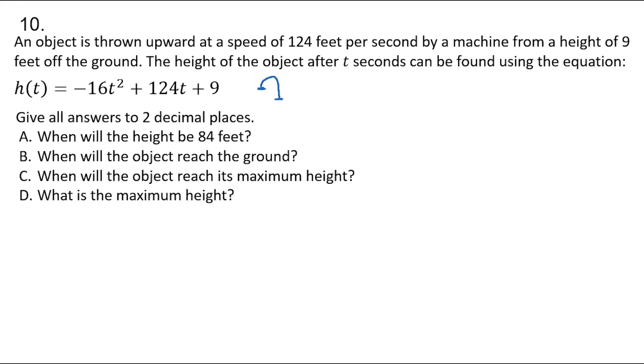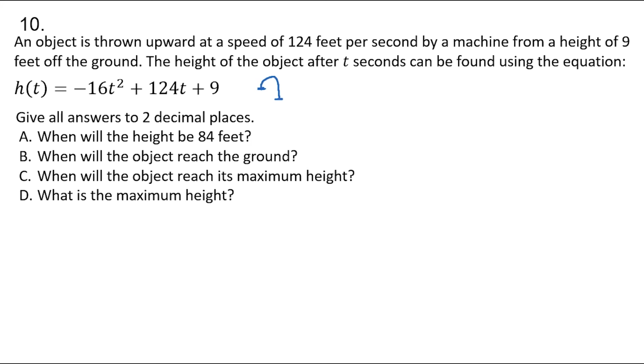In other words, this object is being thrown upward at a speed of 124 feet per second, but it starts at a height of 9 feet. But then at what point will the height be 84 feet above the ground?